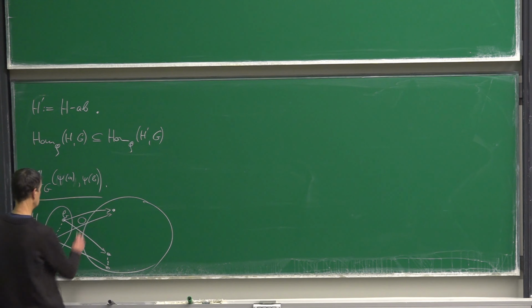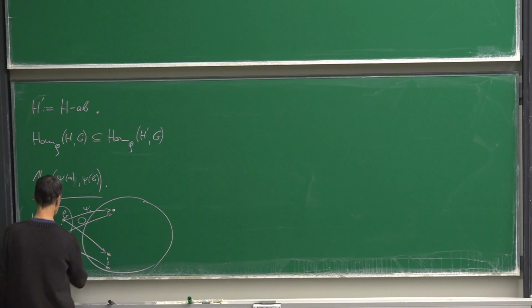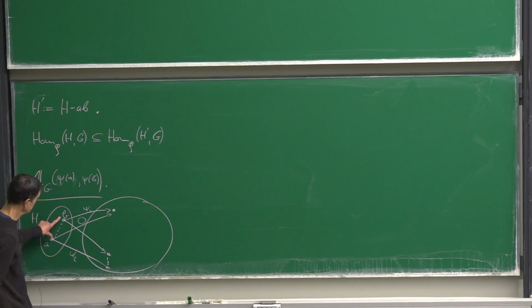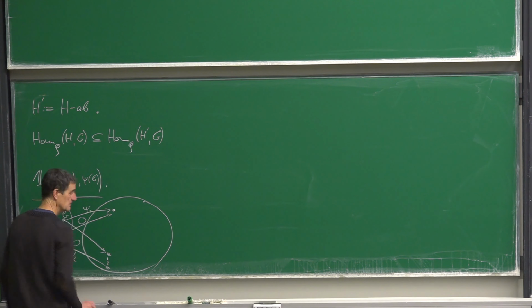Another psi, so this is psi 1, this is psi 2, might map these to non-adjacent vertices there. That also gets a 0.